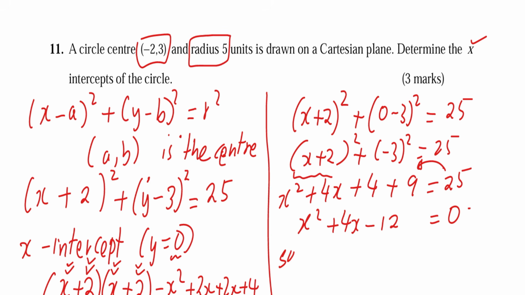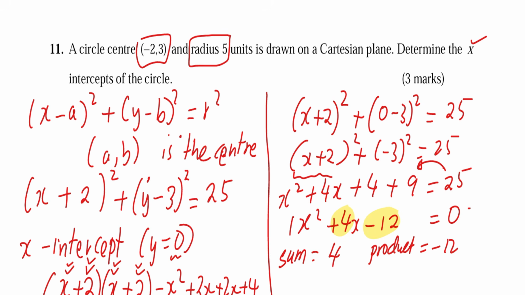Now you need to find the value of x. The sum is 4. The product is negative 12. Remember that our sum is this here, and our product is negative 12.